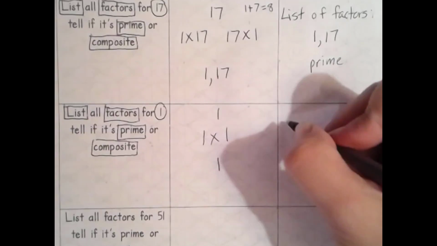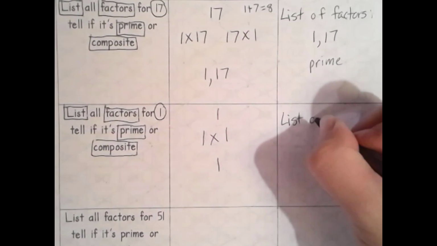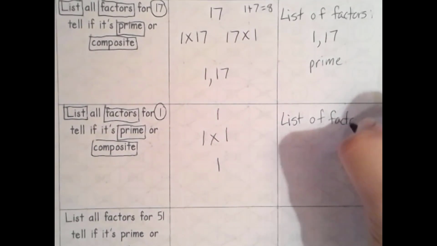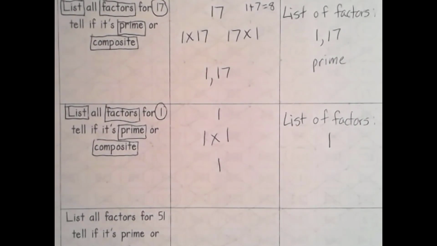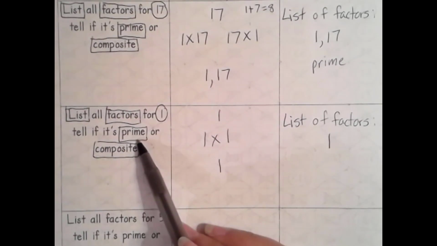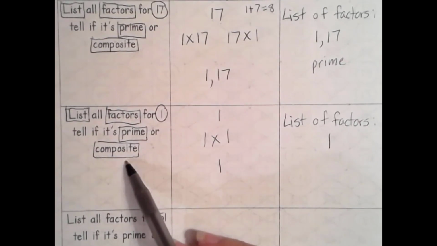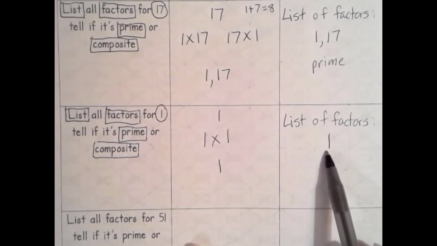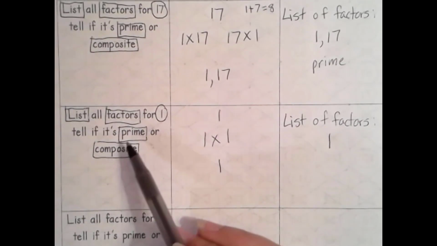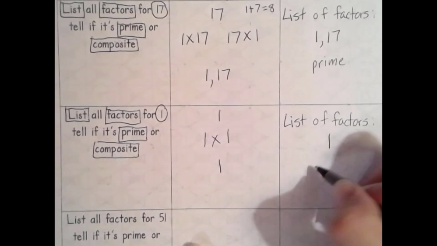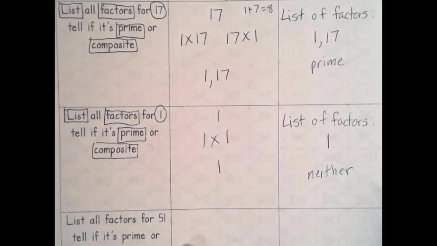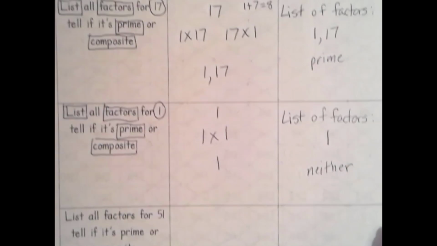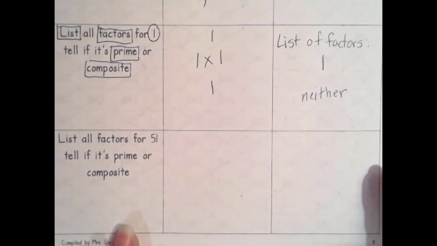So if we list our factors, it is 1. Now, is that exactly 2 factors or more than 2 factors? We only have 1 factor, so that doesn't meet either definition. It's not exactly 2 and it's not more than 2. So this one's neither one. It's the only counting number that is neither prime nor composite. That tricks people sometimes. They think it's prime.